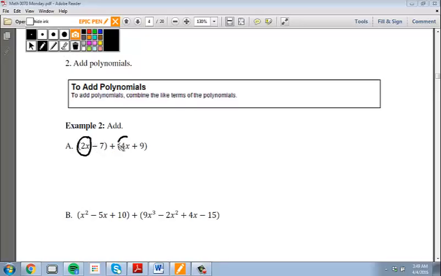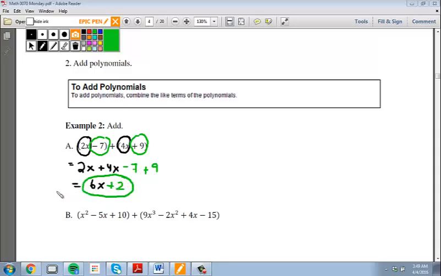Here's a like term, and here's a like term, so why don't we add those together? First, 2x plus 4x is just 6x. And then we have a minus 7 plus 9, so minus 7 plus 9 is actually a positive 2. Kaboom! It's real.